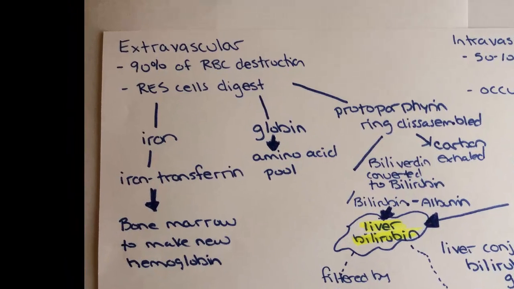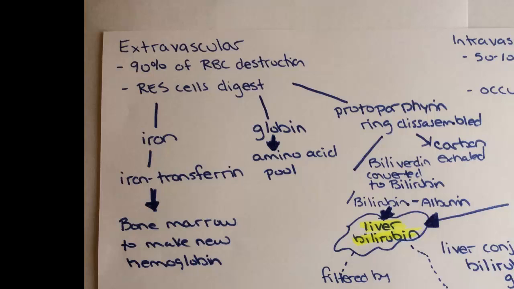The RES cells phagocytize and then digest the components of the red blood cell. It breaks it up into iron, globin, and protoporphyrin ring. That protoporphyrin ring is disassembled. So the iron gets bound to transferrin, and transferrin takes the iron to bone marrow to make new hemoglobin.